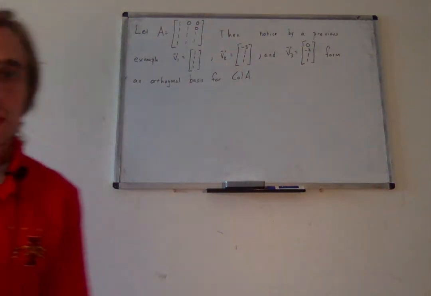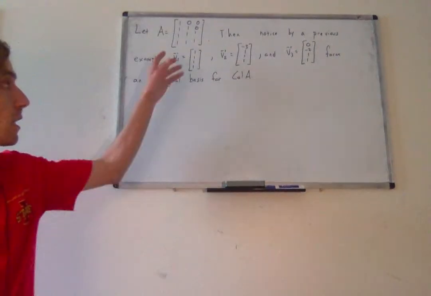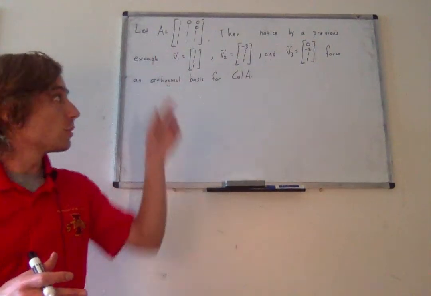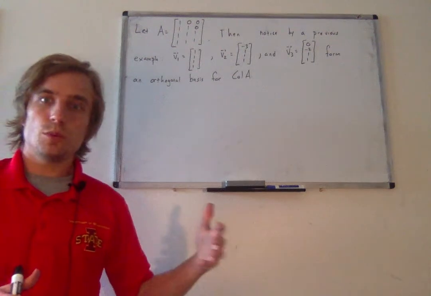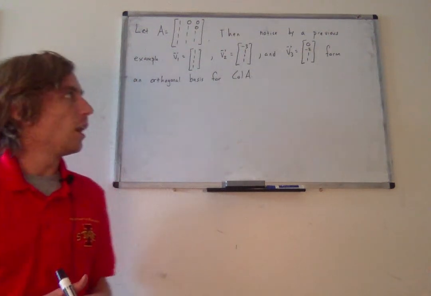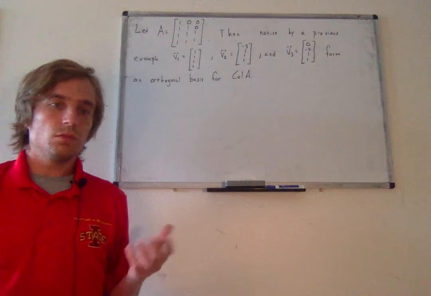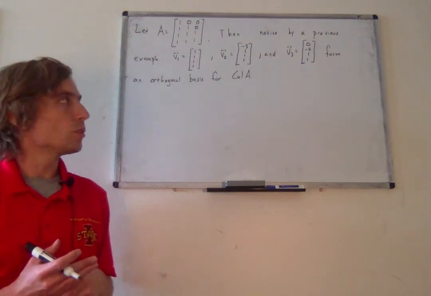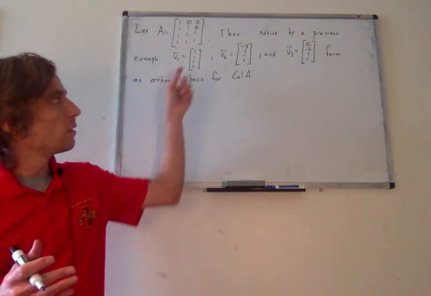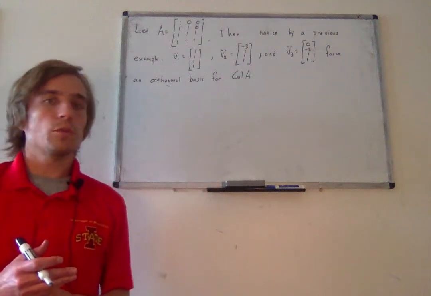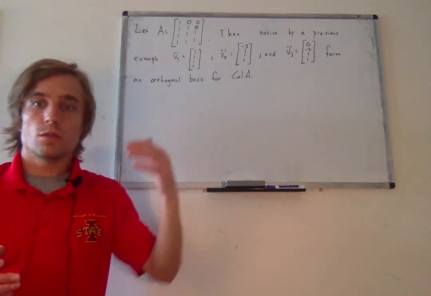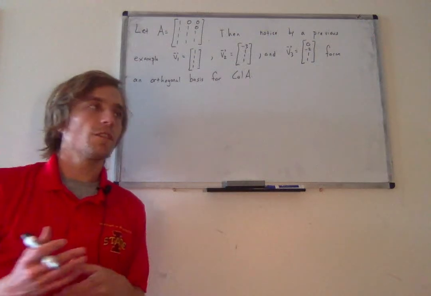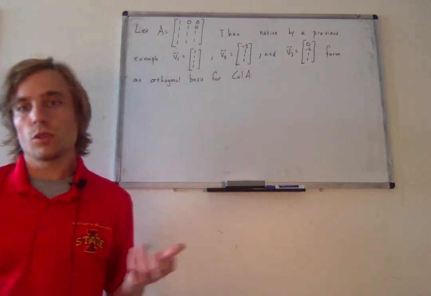And this is just because, again, if you separated these columns out, you'd notice that the three vectors defined by the columns of A are the three vectors we looked at in the second example of the previous video. Basically, the book and I chose this example so that we didn't have to go through the whole Gram-Schmidt process again, but pretend we found these vectors by going through the Gram-Schmidt process in the QR factorization algorithm.